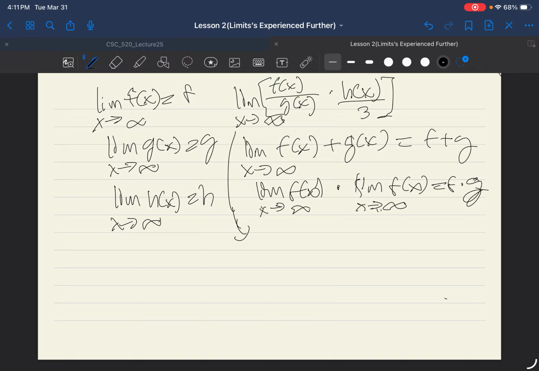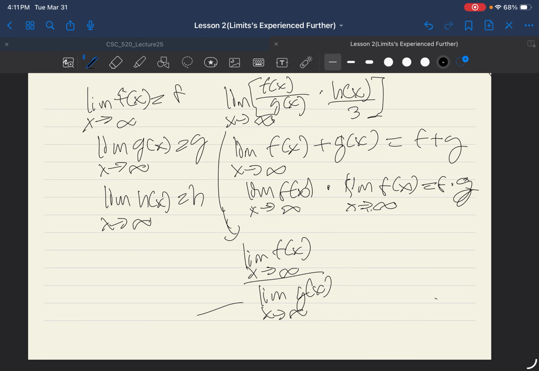So for this, what we can do is take the limit as x approaches infinity of f of x divided by the limit as x approaches infinity of g of x, as long as this does not go to 0, because that would be very bad, because we cannot divide a number by 0.